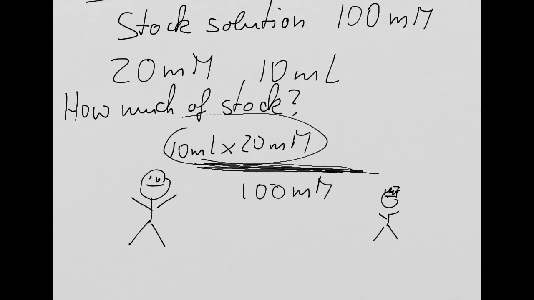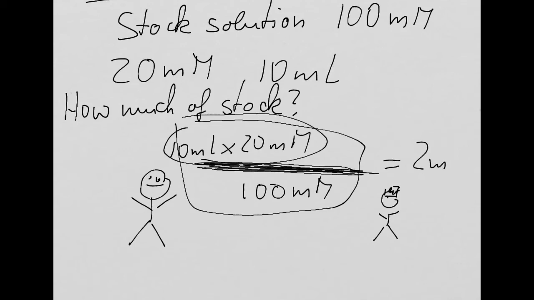And this one here, that's the counter. Hey, and we are there, because that is your equation. I want times I want divided by what we have. 10 times 20 is 200 divided by 100 equals 2 milliliter of the stock solution.